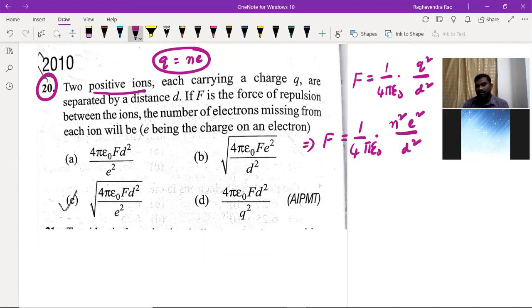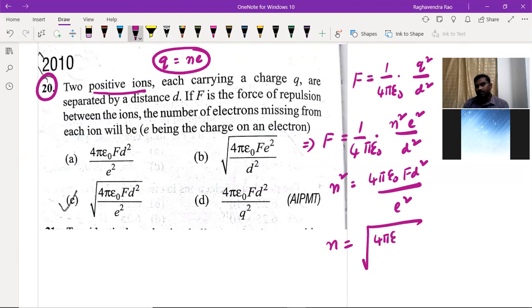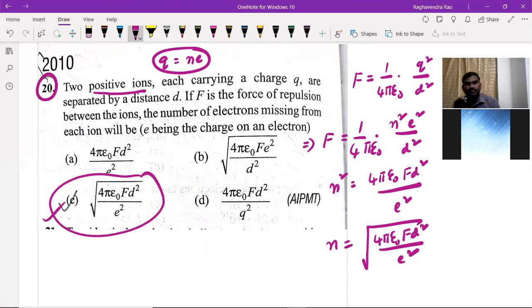So N square is equal to 4 pi epsilon naught F d square by e square. So N is equal to root over 4 pi epsilon naught F d square by e square. This is the option. Simply the force expression we have taken and the quantization condition we applied.